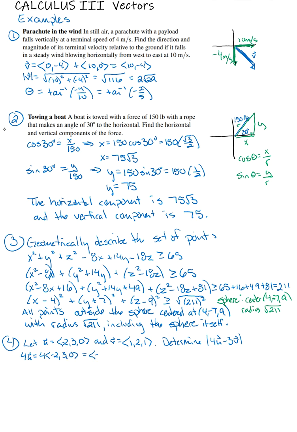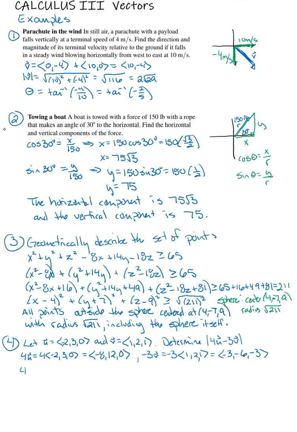So we get -8, 12, 0. And then we also want to find -3V. Notice I'm going to go ahead and keep that negative with the 3. It's much easier than having to distribute it later. So -3 times each of the components of V gives us -3, -6, -3.